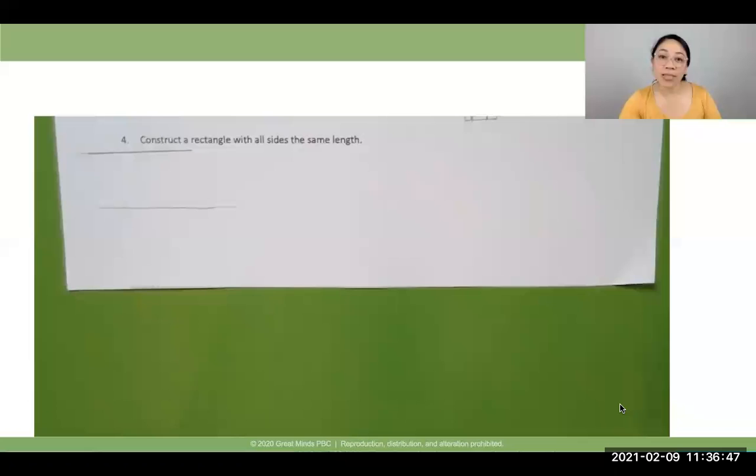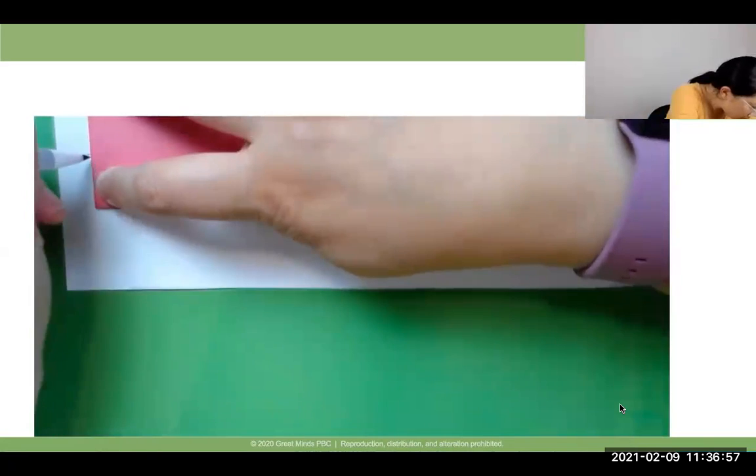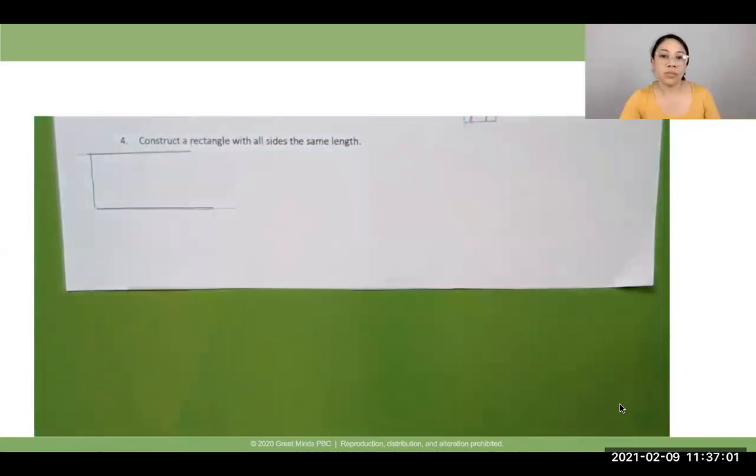Next, draw a third segment with your right angle template that's perpendicular to the baseline. Let's now measure the length of this third side.